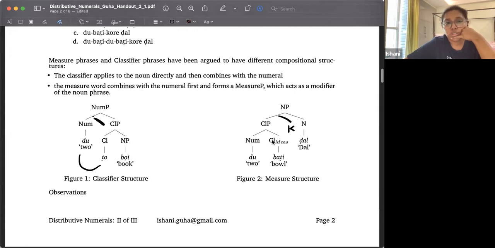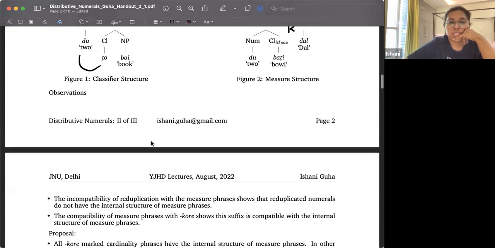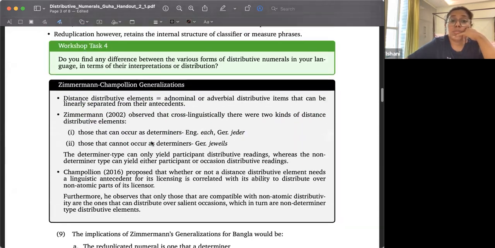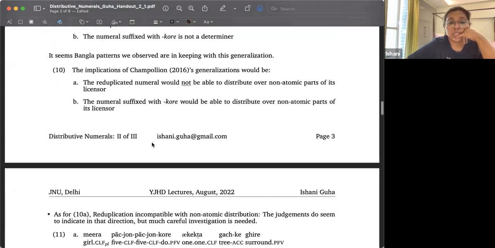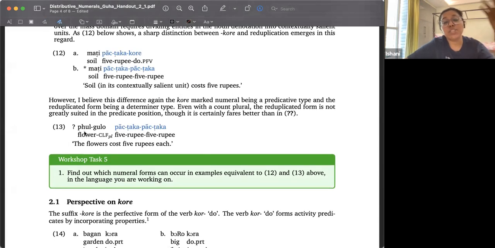Also, I do want you to check out what kind of facts you have for 6, 7, 8, or more importantly for 12 and 13, because these are really telling. First of all, these are easy data. These are not the usual distributive numeral sentences with a lot of context and tricky meaning. These are small things you can have clear judgments on.